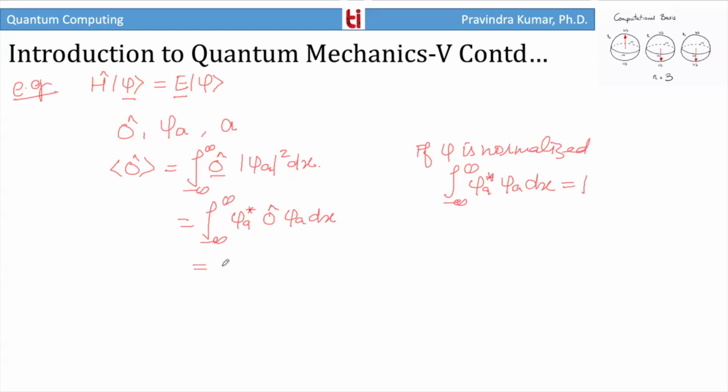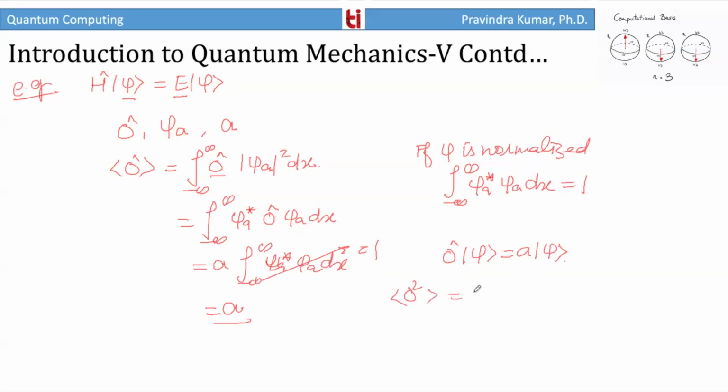So here it will be a times the integral of psi a complex conjugate and psi a dx, and it is equal to 1. So it is a. So here we can write the eigenvalue equation as operator O psi equal to a times the eigenvector psi. And you know the mean square value of the operator will be the integration from minus infinity to infinity of complex conjugate psi a, operator O square, psi a dx, and it is equal to a square times the integral of psi a dx, which is equal to 1, so it is a square.